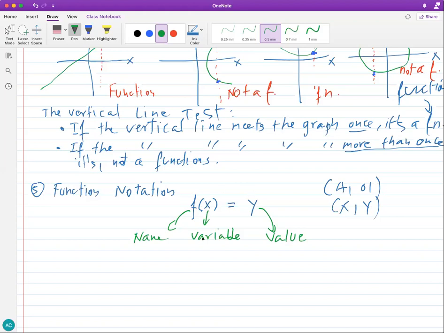So each x has a value of y corresponding to it. That's basically how we notate functions, how we write them. And when we plug something into a function, we plug in some x, we get some y back. We're going to see some examples of how that works.